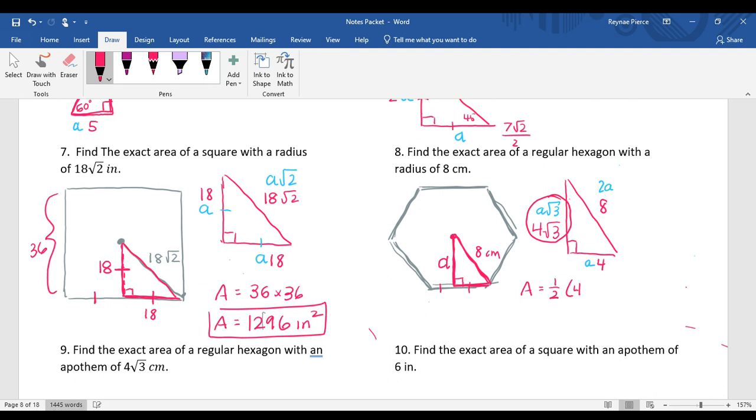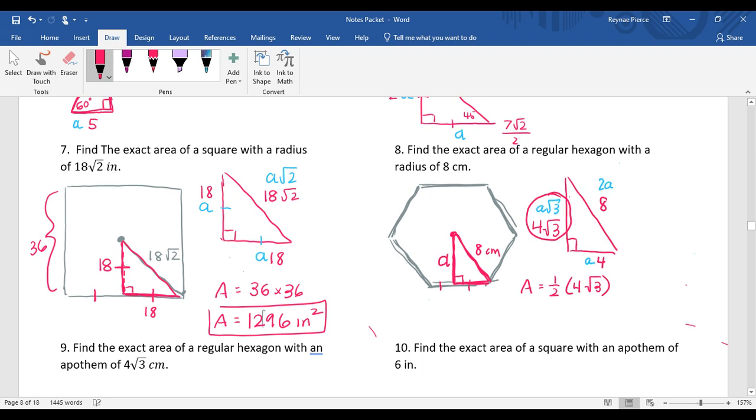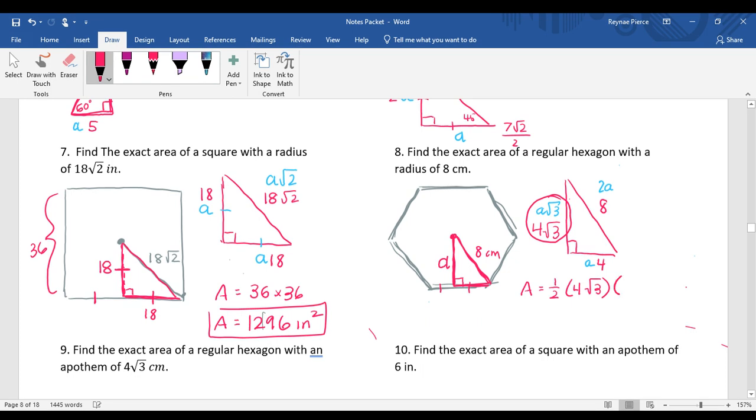My apothem we just found was 4 radical 3. One side, this is 4, that means this part is 4, so one side is 8 centimeters.